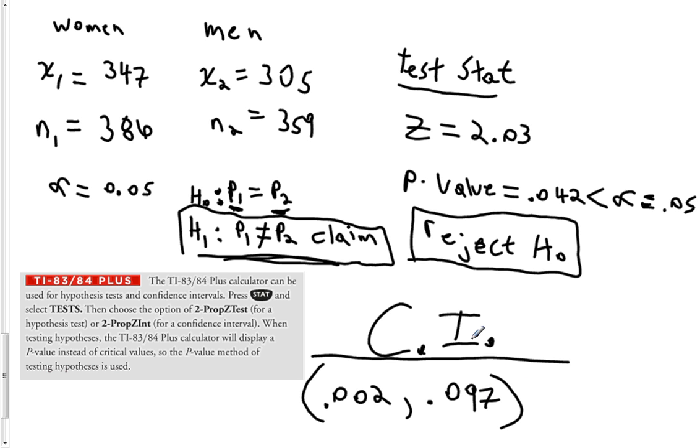Since 0 is outside of the interval, and we're 95% certain that the true difference in proportions is captured in this interval, that means 0 is unlikely as the actual difference. So we can look at the confidence interval and see how likely or unlikely it is that 0 would be the actual difference between the proportions, and we can get an intuitive feel of what's going to happen when we run the hypothesis test itself.